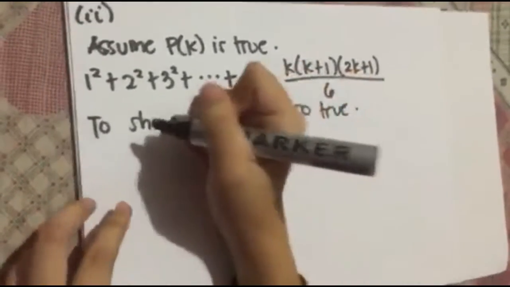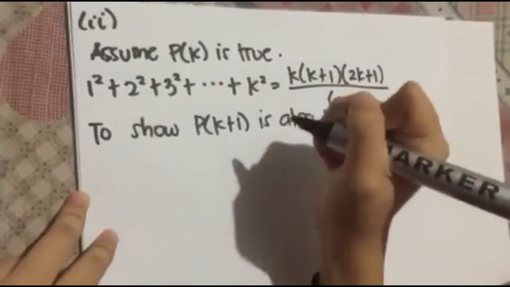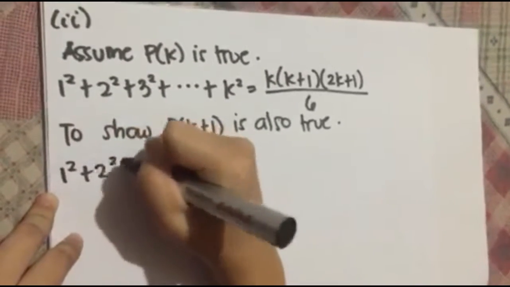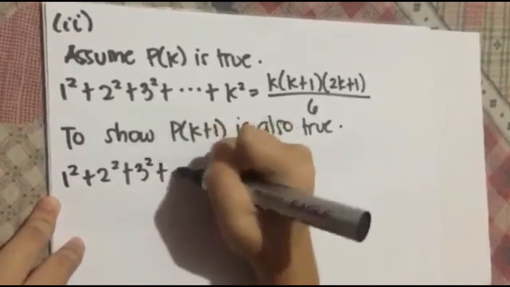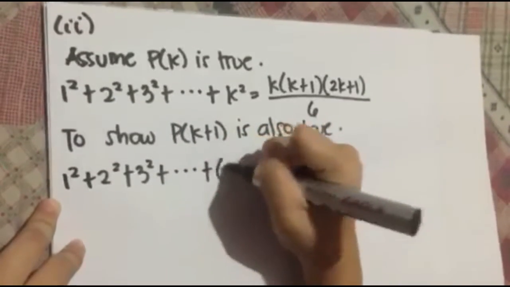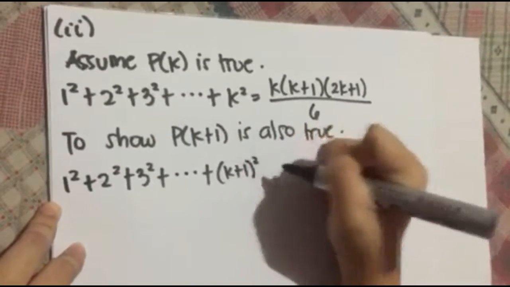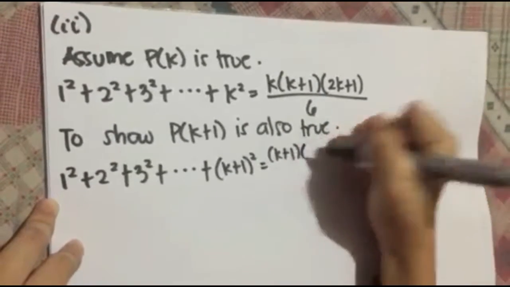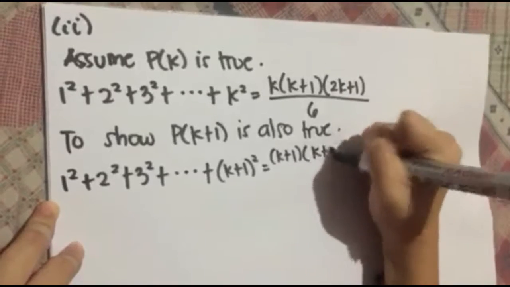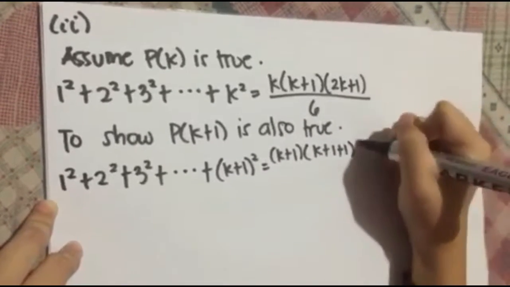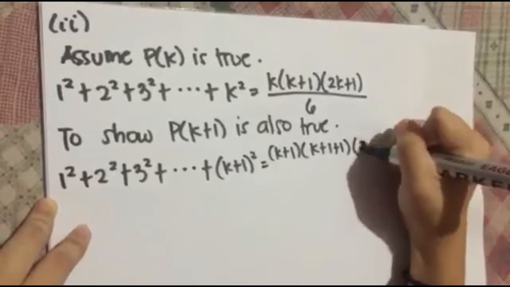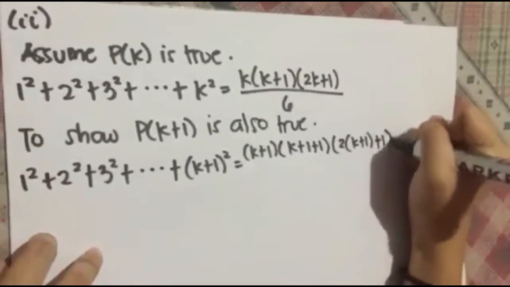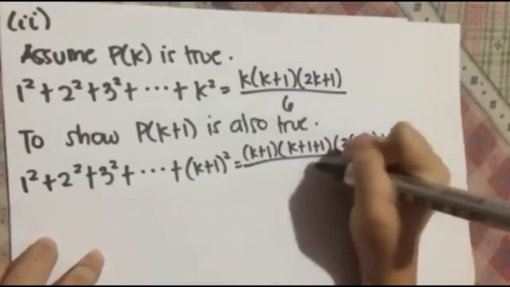Just like before, copy the equation, then substitute n by k plus 1. So 1 squared plus 2 squared plus 3 squared plus dot dot dot plus k plus 1 squared is equal to k plus 1 times k plus 1 plus 1 times 2 times k plus 1 plus 1 over 6.